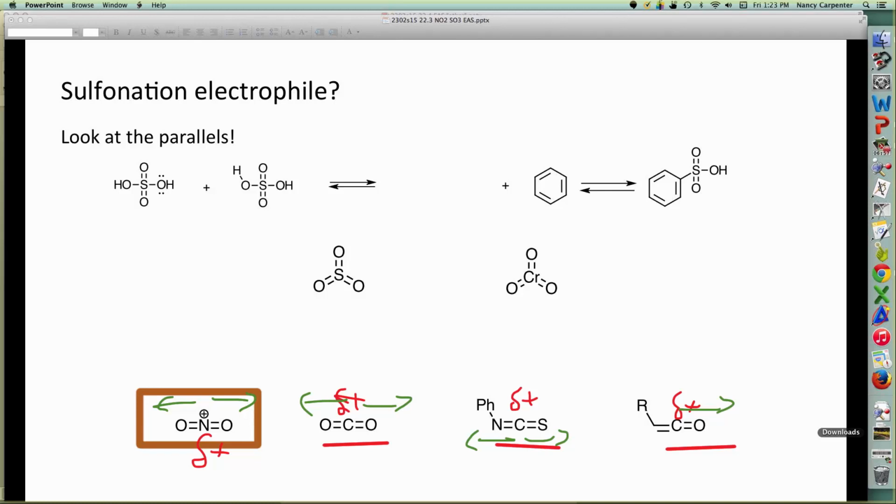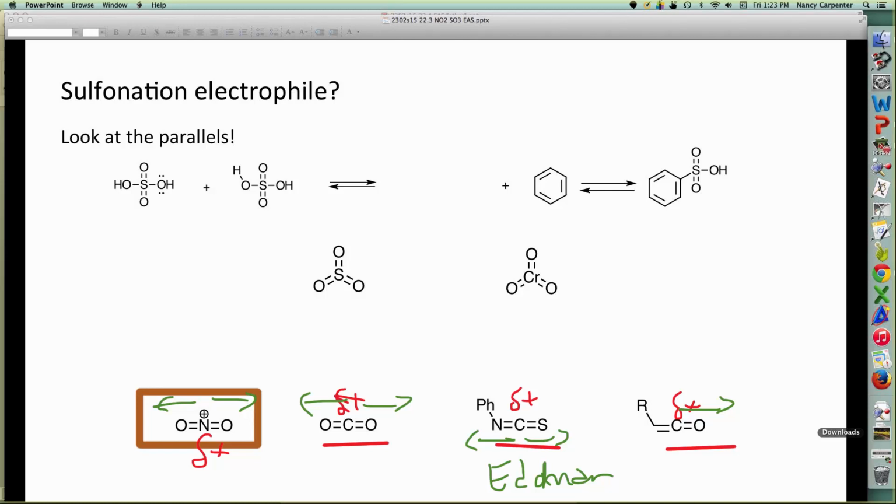So all the mechanisms are the same. You may remember this is the Edman degradation reagent. This is ketene. This is what we saw in the example we went over in class.